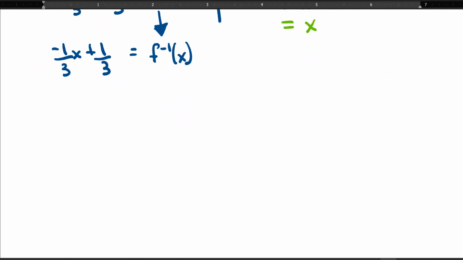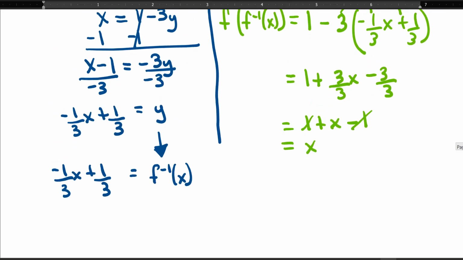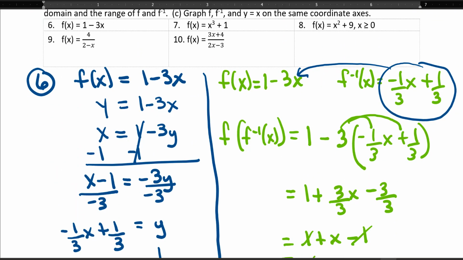Part B is asking us to find the domain and range. Now, both of these equations, the inverse and the original equation, are linear functions because the highest degree of the variable x, in f of x, is 1. So if we go back to what we started at the beginning, we have a linear function.